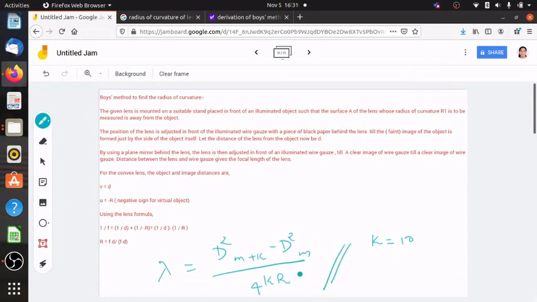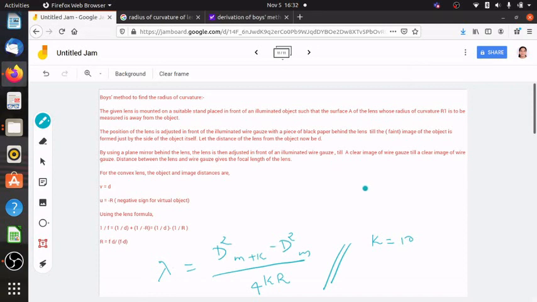We can use this method even to determine the refractive index of a liquid. For that, we have to introduce a drop of liquid in between this convex lens and the glass plate, and then we have to repeat the same experiment.